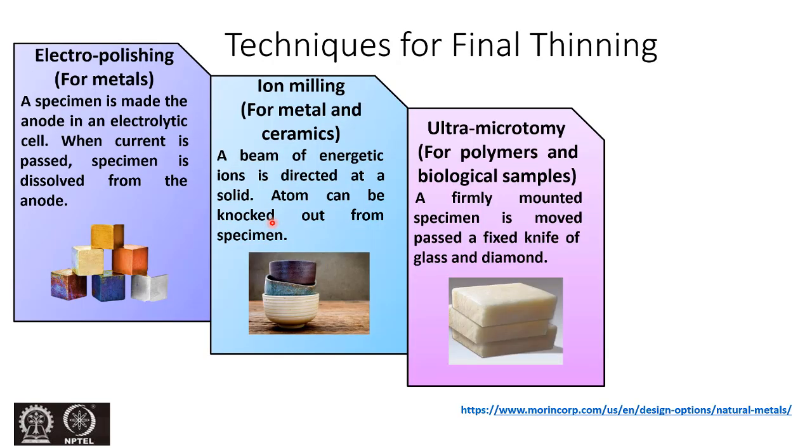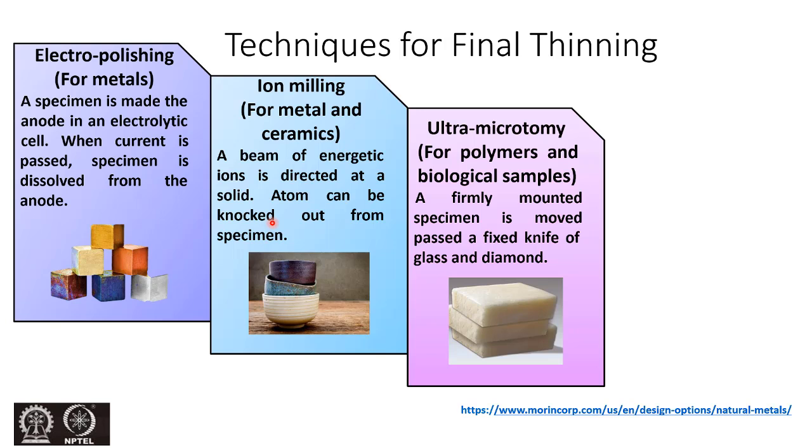So, techniques for final thinning. If we want to thin our material, for metals we use the electropolishing technique. In this, the specimen is made the anode in an electrolyte cell, and then current is passed so that the specimen is dissolved, and we get a very thin film formation from the anode. Then ion milling.